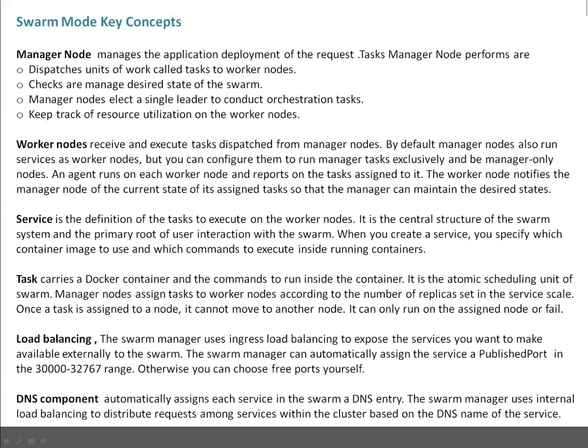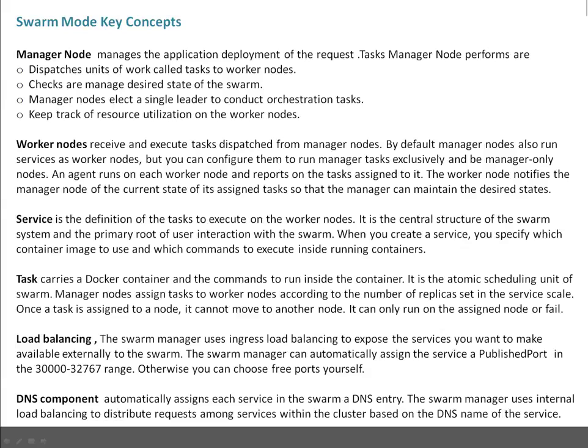Manager node elects a single leader to conduct orchestration tasks. The term leader means that when we have multiple manager nodes, more than one, then one node will become leader and Swarm automatically elects it. At a time you will have a single leader; the others will still be managers, but not leader.